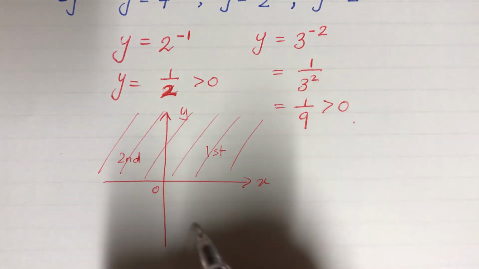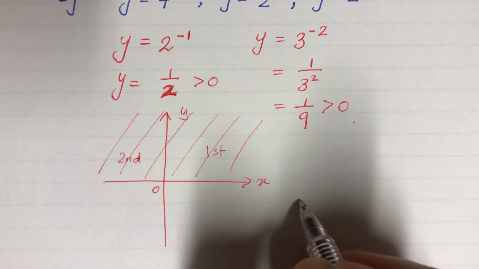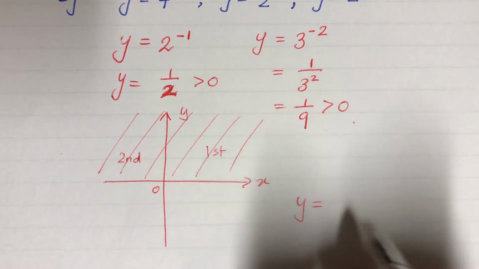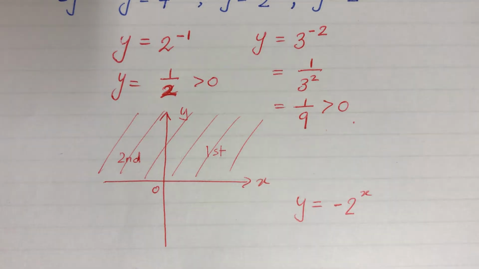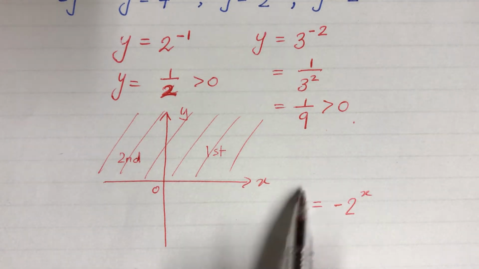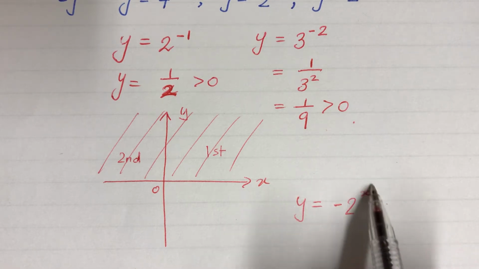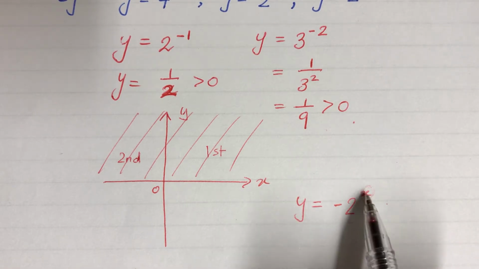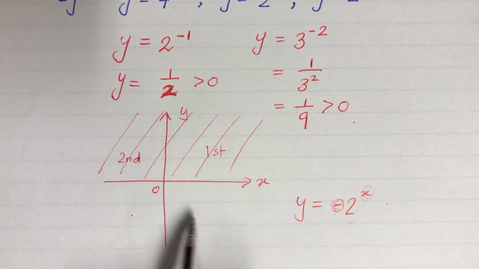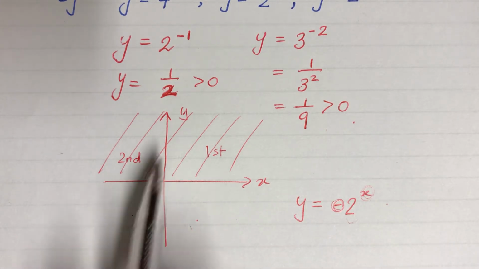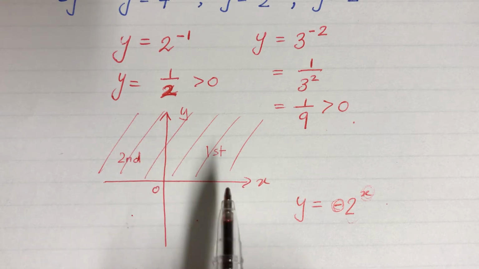You can have the third and fourth quadrant if you have minus 2 to the power of x, something like that. Then you have to have a negative, because whatever the power, it is not going to be negative. So if this is the constant, then you will have it on the bottom. Until then, it will be first and second.